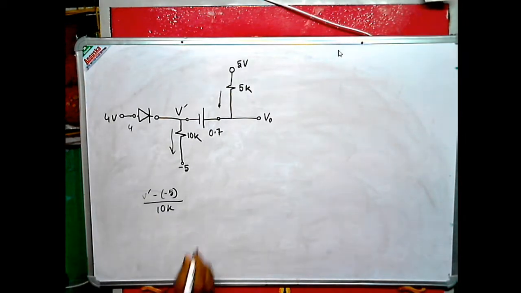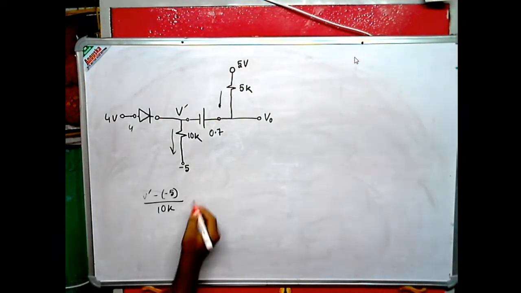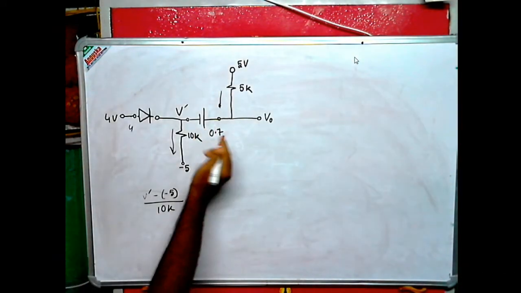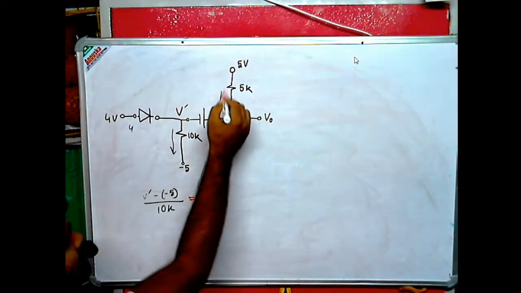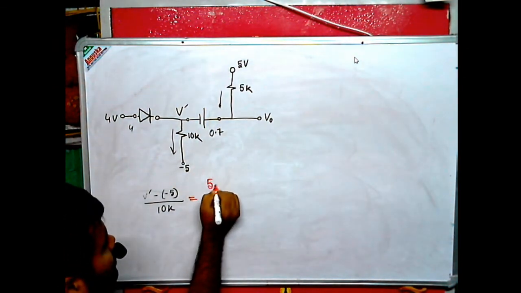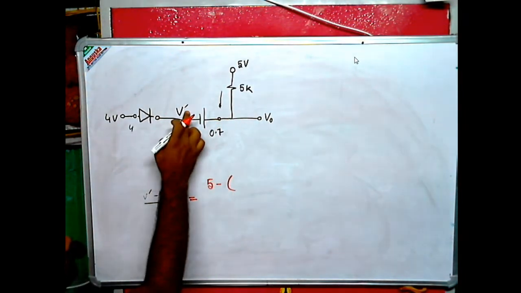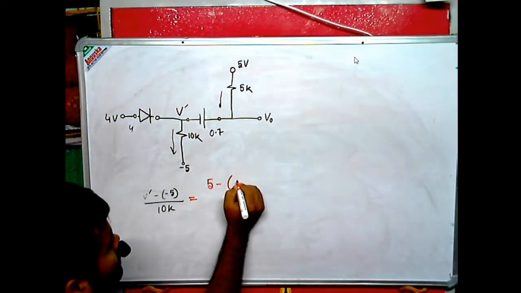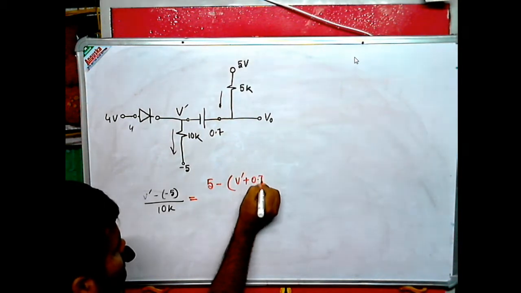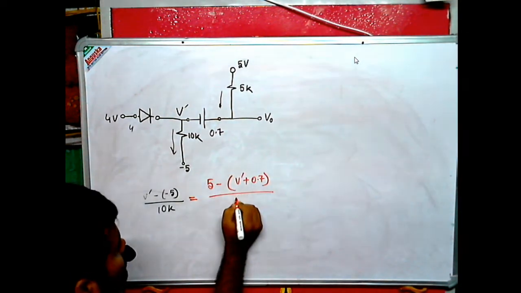So this current is equal to this other current. What is this current? This is basically 5 minus this voltage. What is this voltage? This is basically V dash plus 0.7, divided by your 5k.